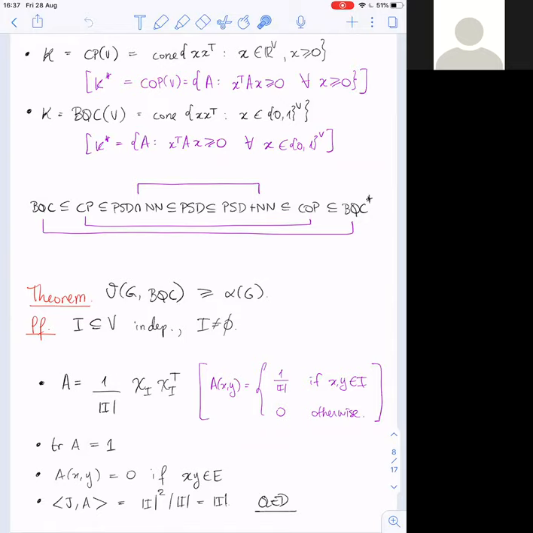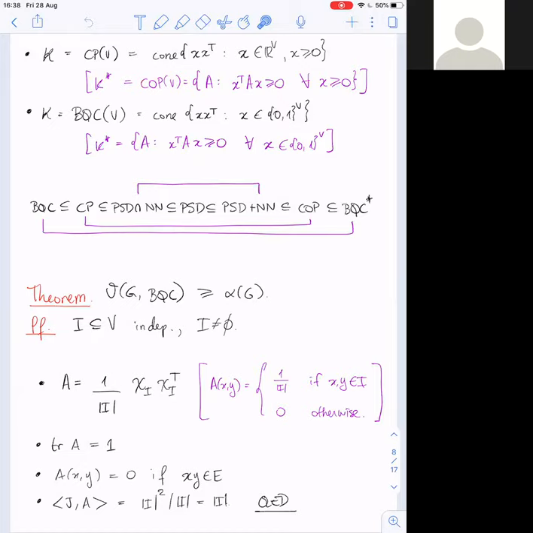In particular, if you put any of the other cones here, you will also get an upper bound, because you are only increasing the size of your feasible region. So you have more and more possible feasible solutions when you put a larger cone here. So any of these cones is going to give you an upper bound on the independence number.